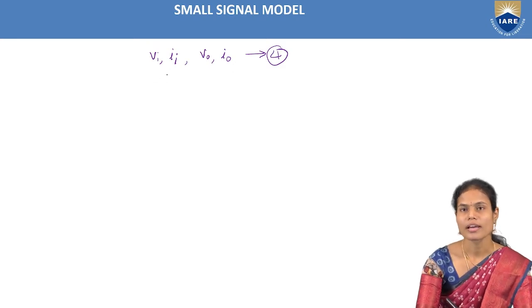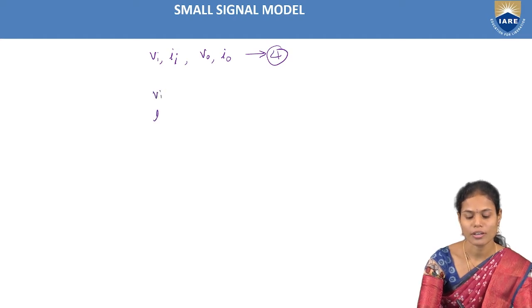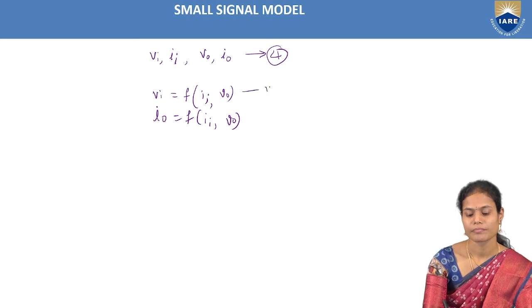Among the four parameters, two we are taking as the dependent parameters, those are Vi and Io, and the remaining parameters we are taking as the independent parameters. So these two dependent parameters are functions of independent parameters. These two we are taking as the two equations.